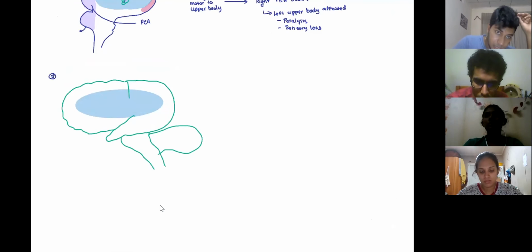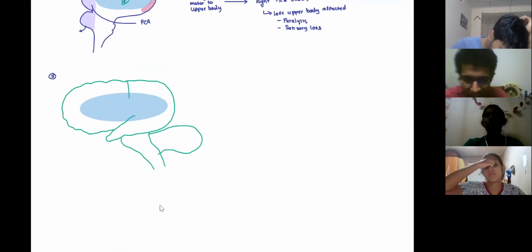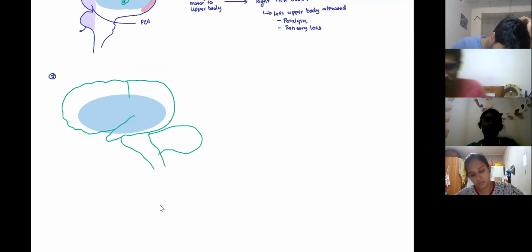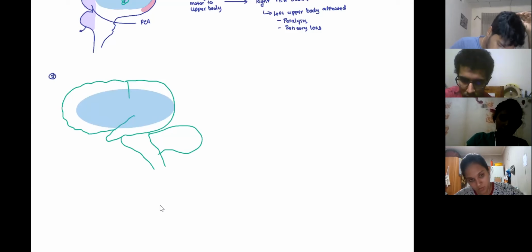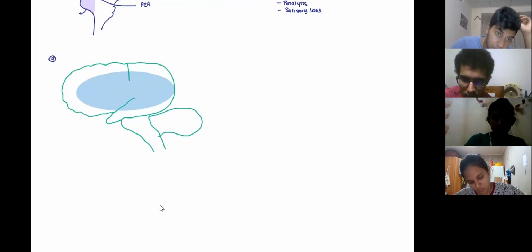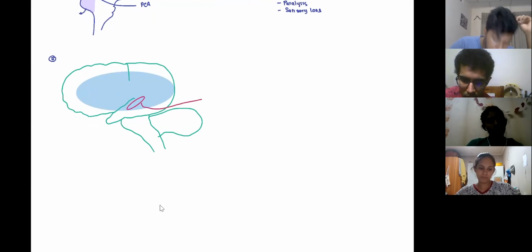In this case, we have two areas. Let me draw. The first area is on the temporal lobe.